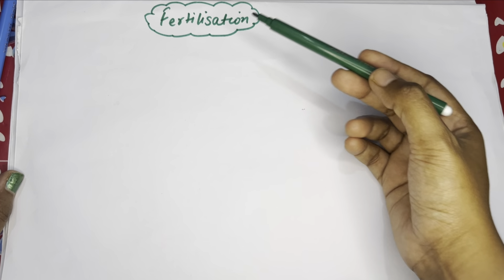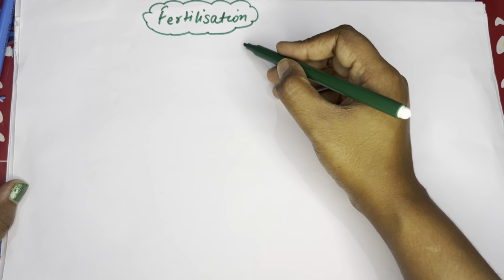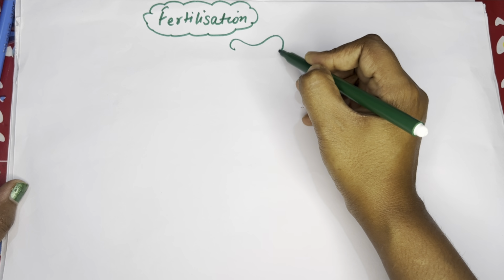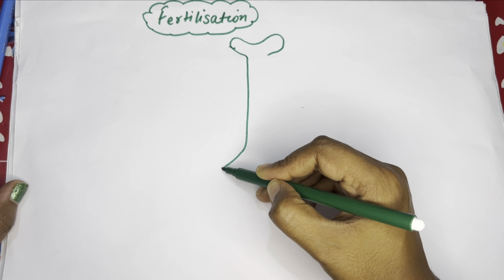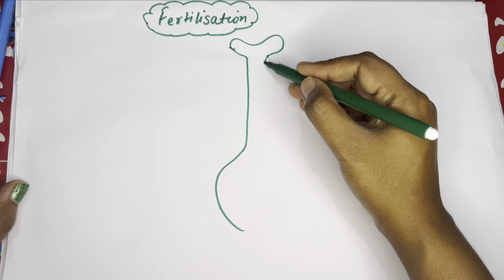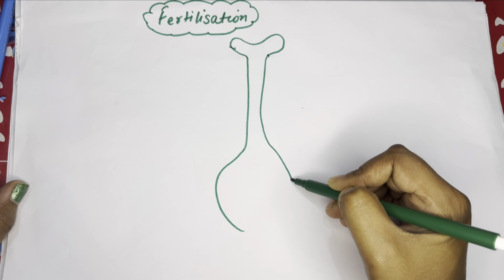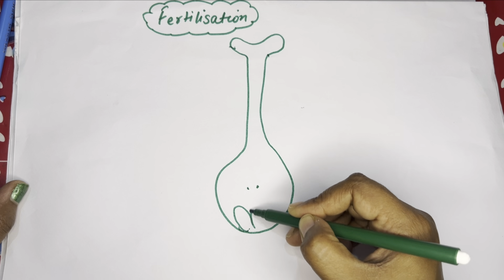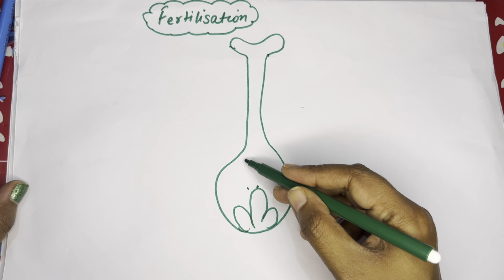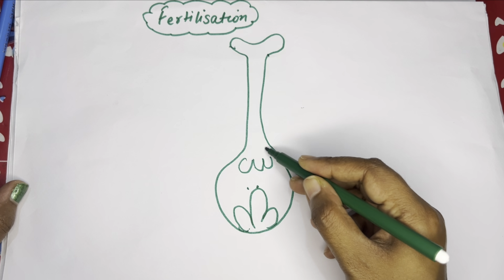Now the last part, that is the fertilization part. See what will happen. This is the stigma of the female. This will be the ovary, and here inside the ovary, synergids, eggs, antipodal cells, and the entire embryo sac is now present.